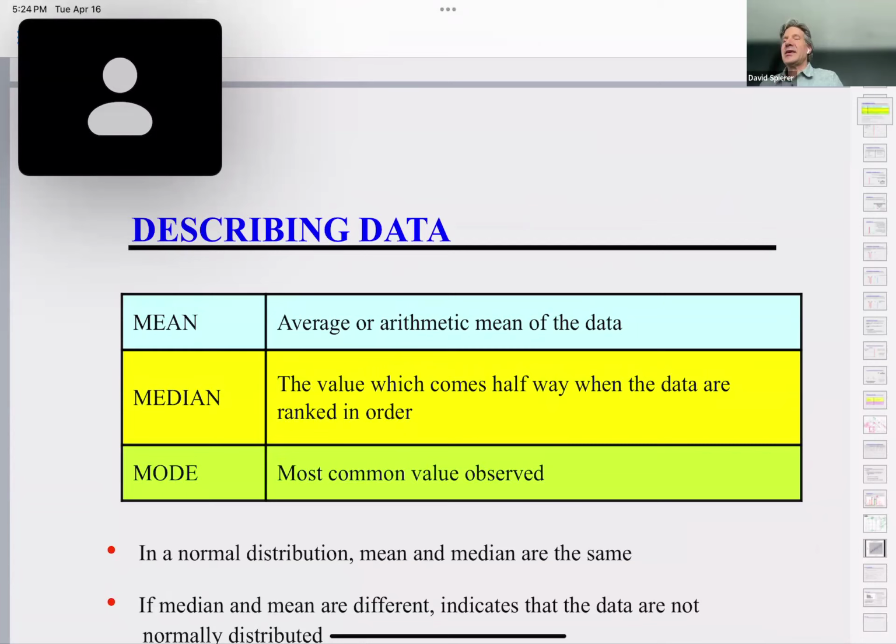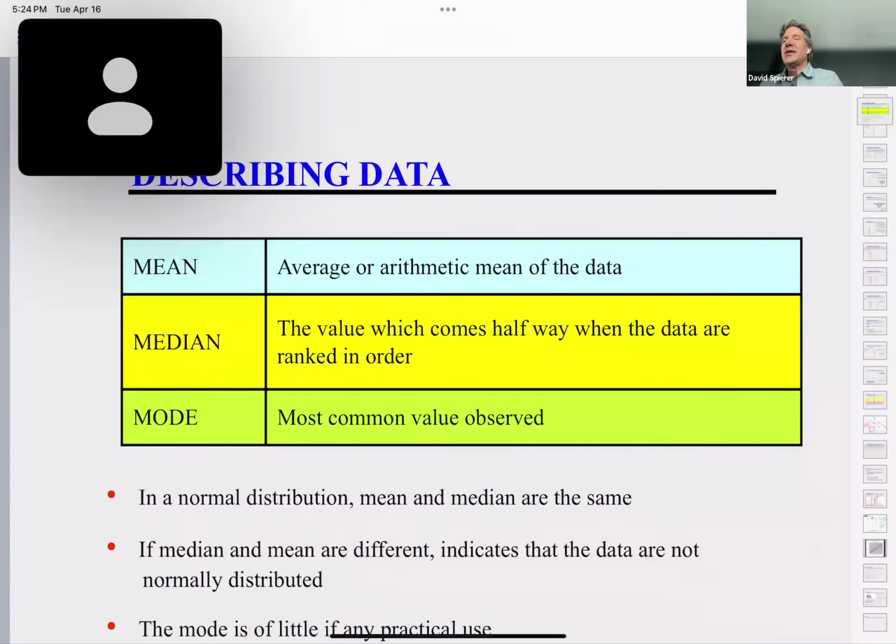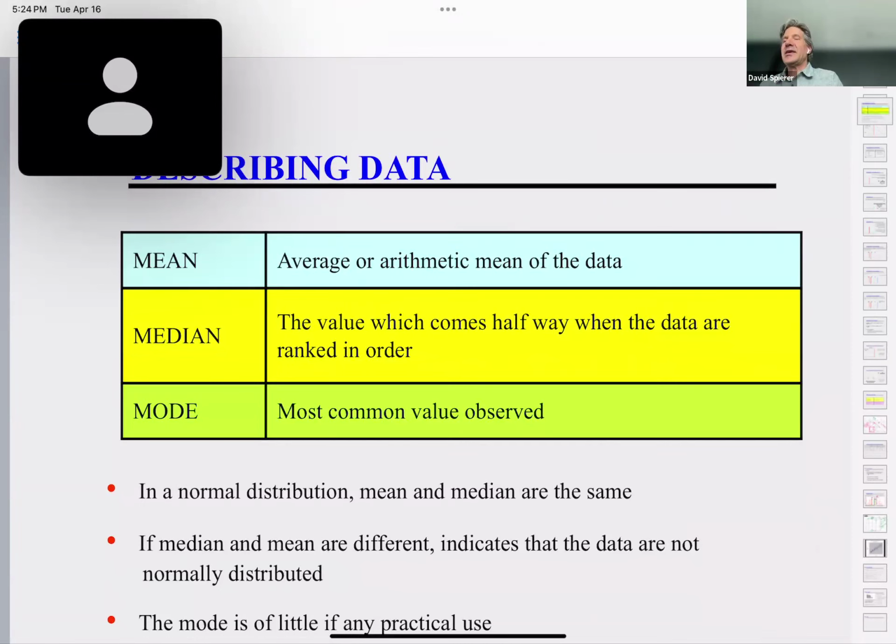And so the normal distribution, if we're defining these types of descriptive terms of statistics, we have the mean, which is the average. We have the median, which is the value that comes halfway when the data are ranked in order. So let's say we had 50 people in our group, and all those people did their exercise, and everybody was compliant with the study, and we got all this data.